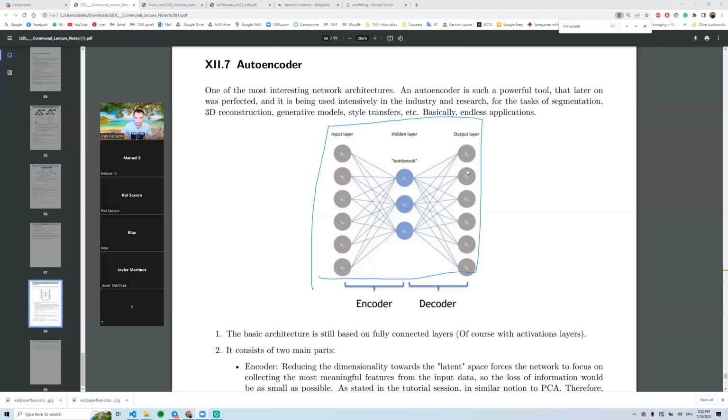Regression or classification? Regression, perfect. What kind of loss functions can I use? Okay, L1 and L2 are the correct answers.